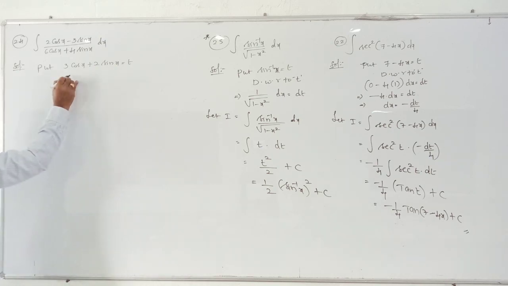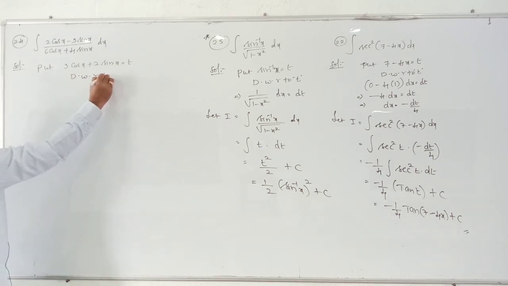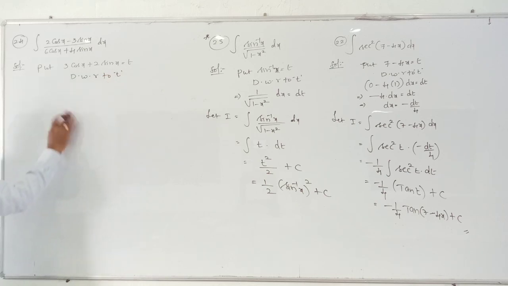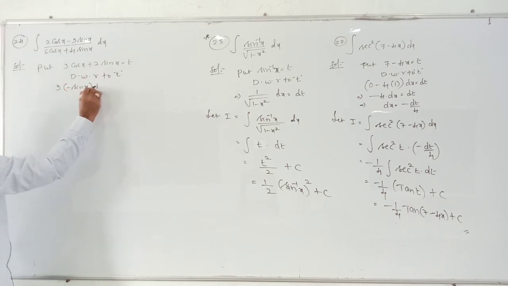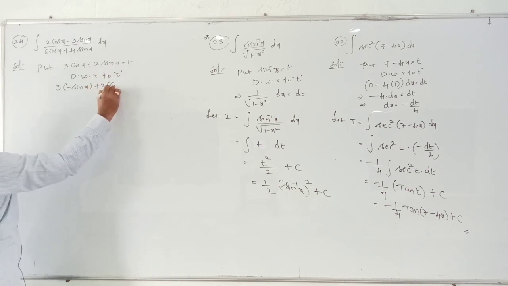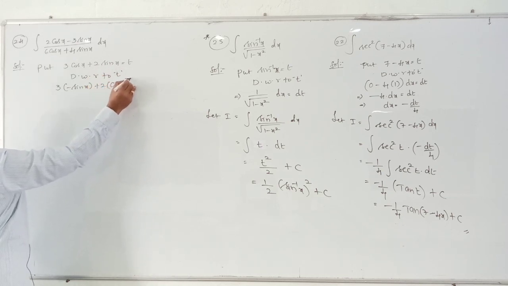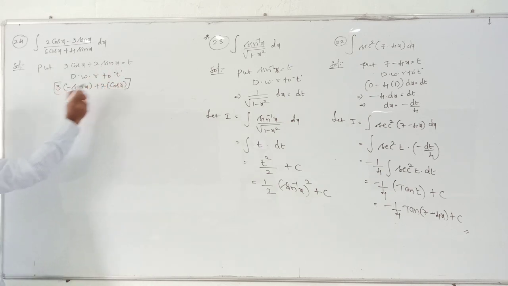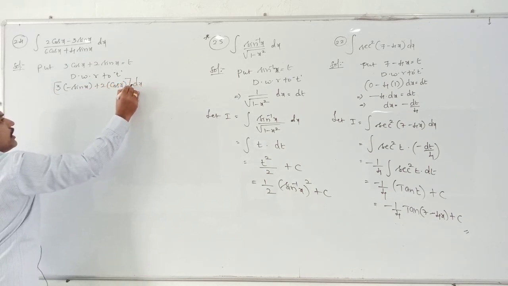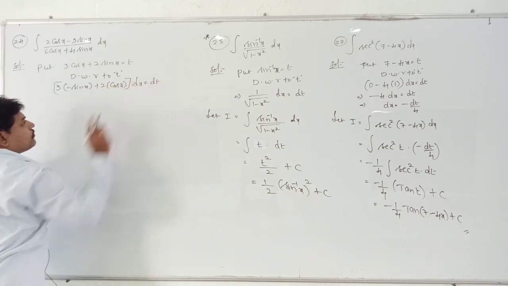So what happens? Differentiate with respect to t. That is 3 into derivative of cos is minus sin x plus 2 into derivative of sin is cos x into dx is equal to dt.